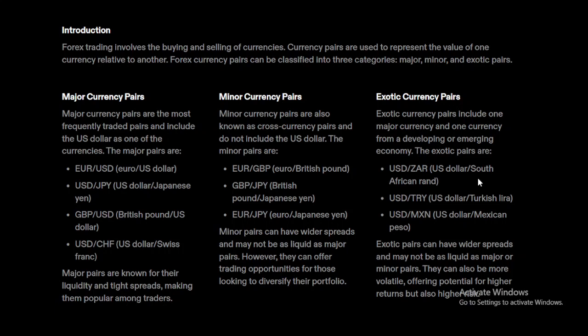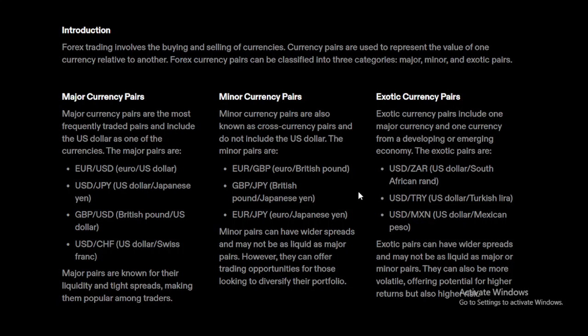Is that clear? Other examples are USD/Turkish lira, USD/Mexican peso, and all of that. Exotic pairs can have wider spreads and may not be as liquid as major or minor pairs. Major and minor pairs are more liquid. Major is most liquid, followed by minor, and then exotic.